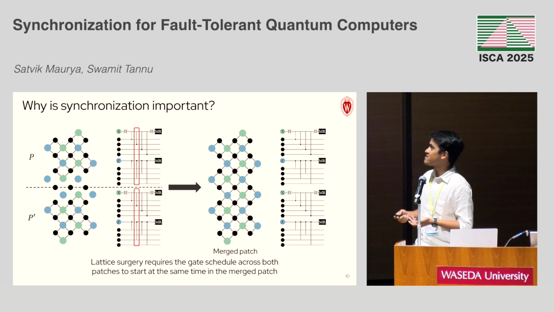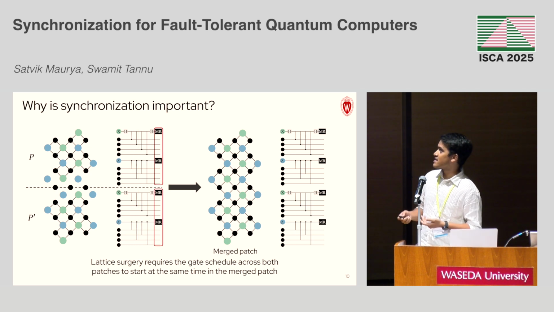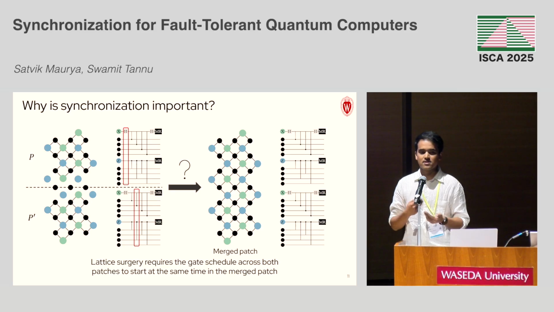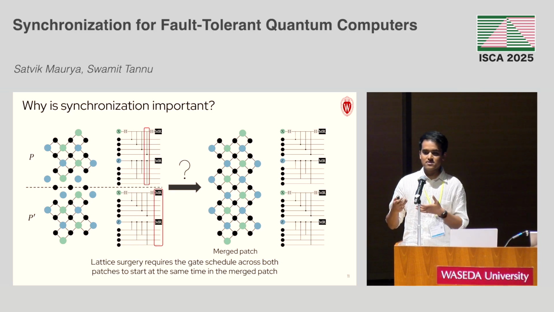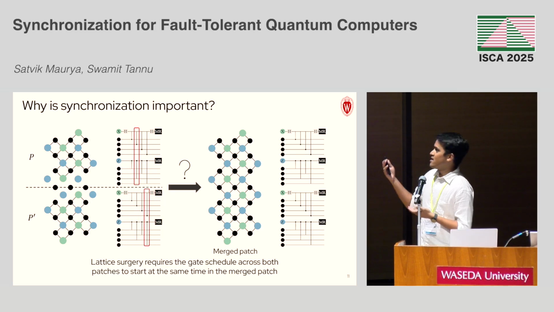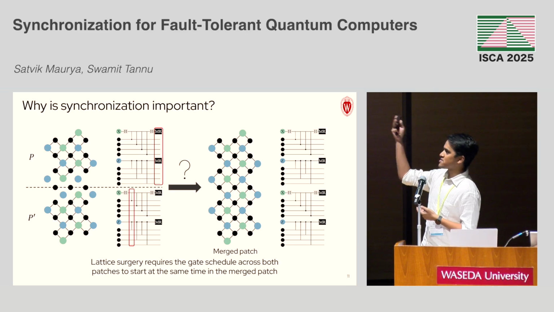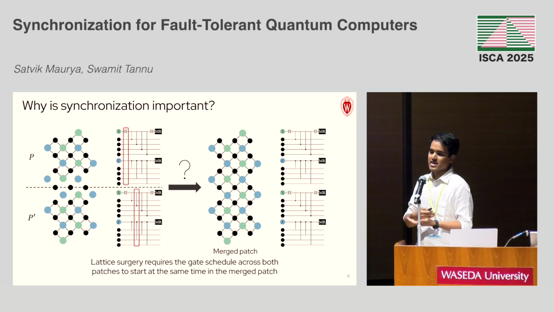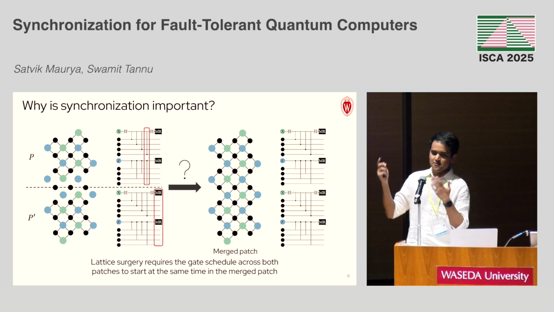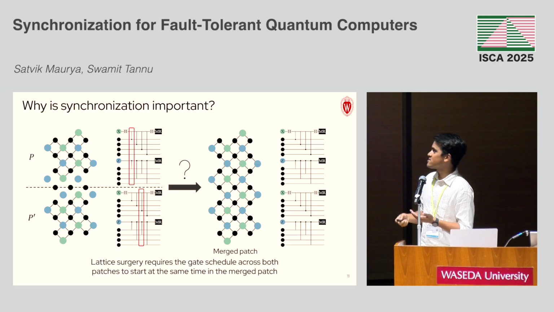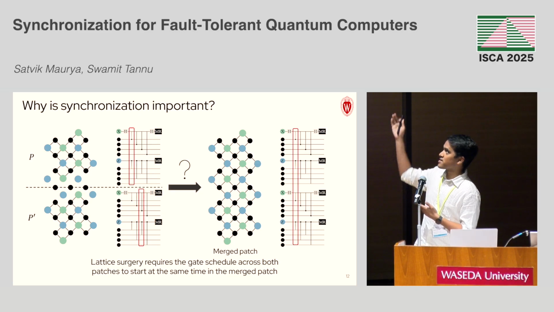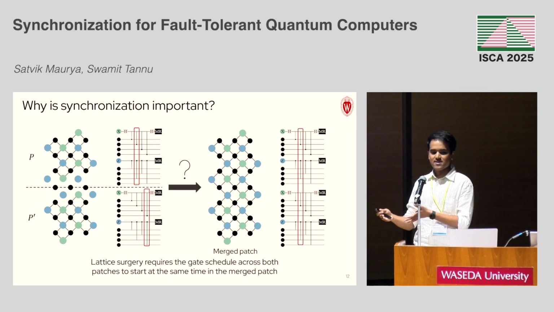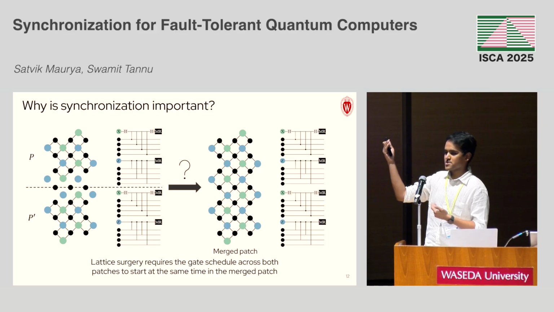What if we had a situation like this, where there is now a skew between the syndrome generation circuits of the two logical qubits? Depending on your frame of reference, one qubit is ahead in its syndrome generation cycle and the other is behind. So how do we go from the situation on the left to the situation where we start with the first layer of gates across the merged patch at the exact same time? How do we synchronize the two logical qubits?